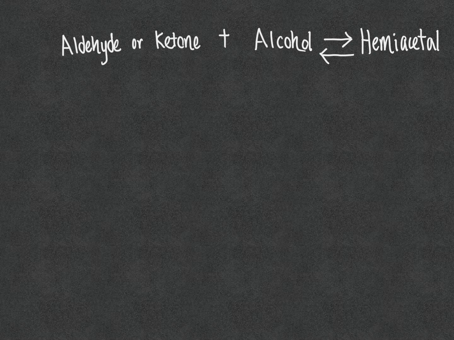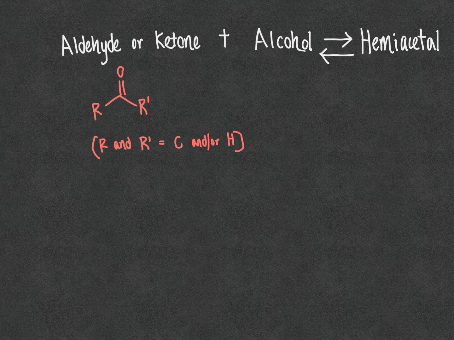The general layout of this reaction is we'll start with our aldehyde or ketone reactant, which I'm going to plug in R groups here that I'm going to call R and R prime. R and R prime represent carbon and or hydrogen, depending upon whether this structure is an aldehyde or a ketone to fit one of those two functional groups.